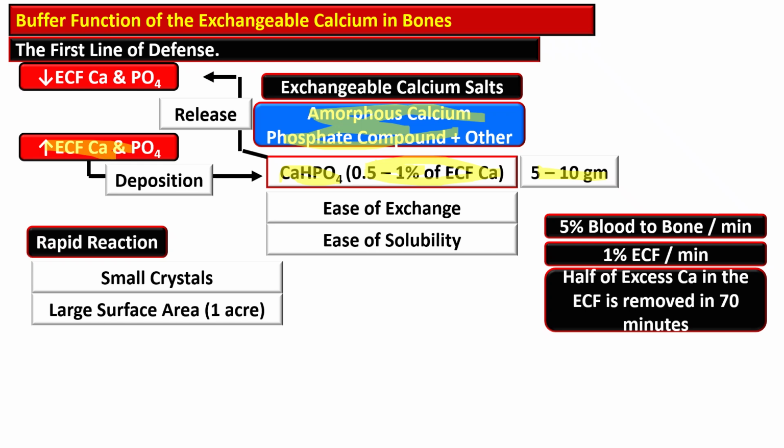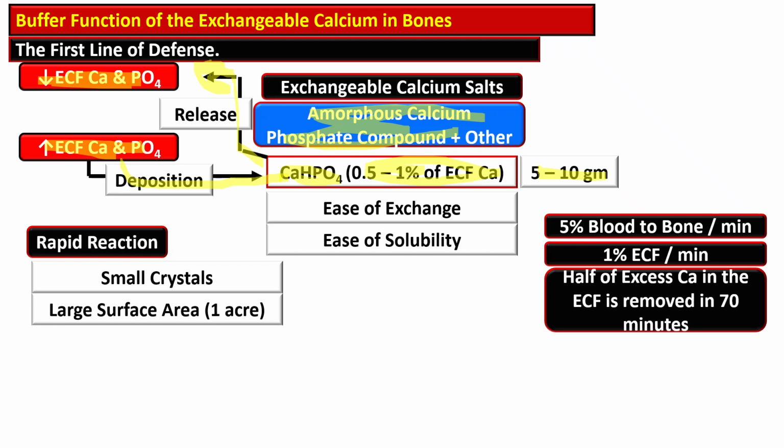Whenever there is an increase in plasma calcium and phosphate concentration, there is a rapid deposition of calcium phosphate into the bone. If there is a decrease in plasma calcium and phosphate, there is a rapid release of this CaHPO4 compound into the extracellular fluid.